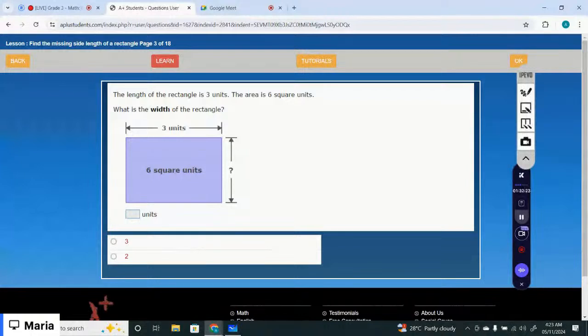What is the width of the rectangle? So which is the correct option? That is 3 times 2 is 6. Option number 2 is the correct option.